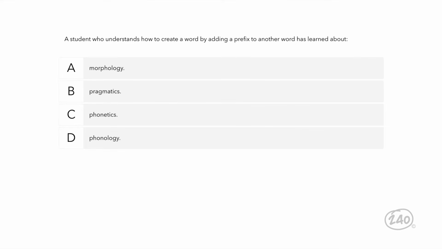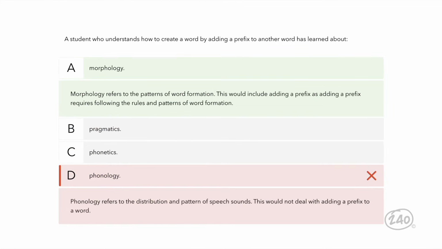Now, I thought the correct answer here was phonology, but it turns out that's not quite it. The correct answer here is actually morphology. Through the question feedback in the study guide, I can see that morphology refers to word formation. New words can be formed by adding an affix to a root. A prefix is an affix that can be added before the root, like adding re to do to form redo.